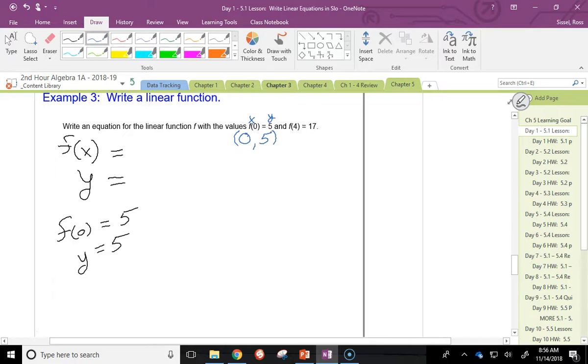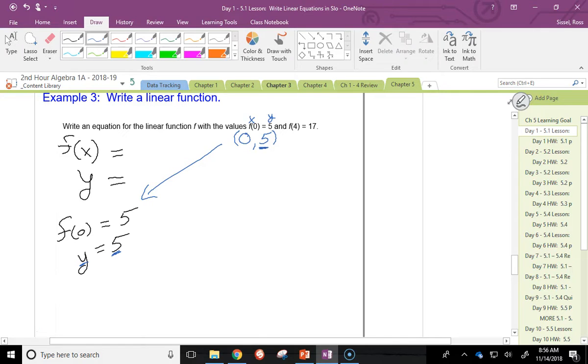But it's not, because pay attention to 2 things. The way we can remember x and y is that we go in order, x and y, or even go right down to this part, f of 0 equals 5. Remember, that's the fancy way of saying y equals 5. So if y is 5, x has to be the other one.